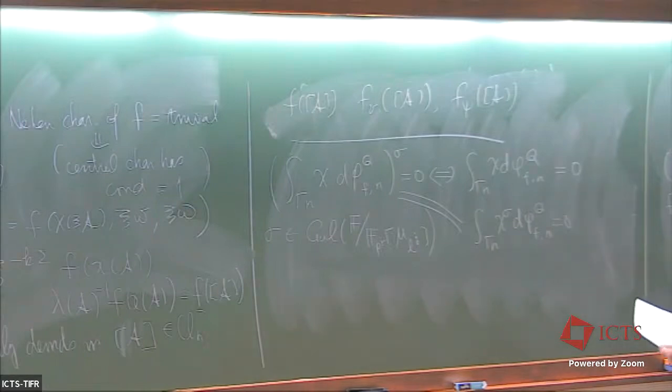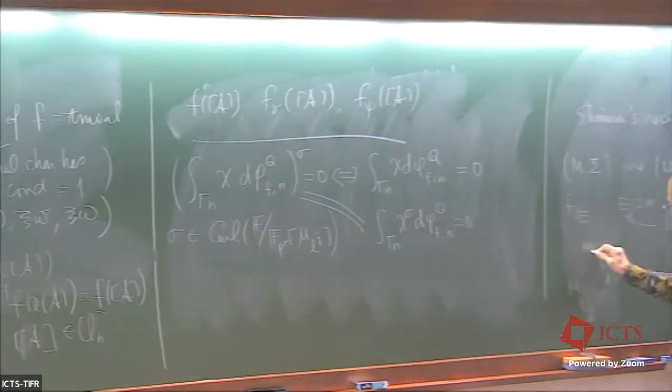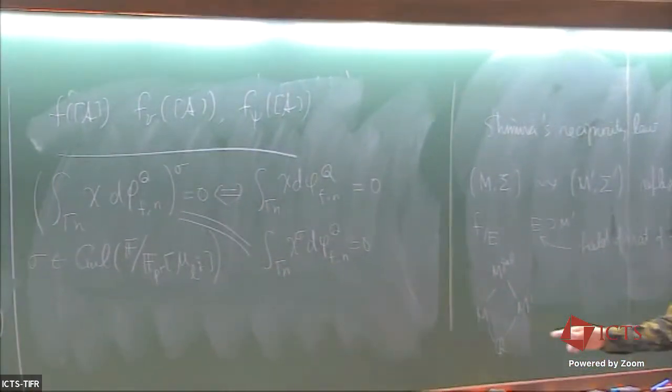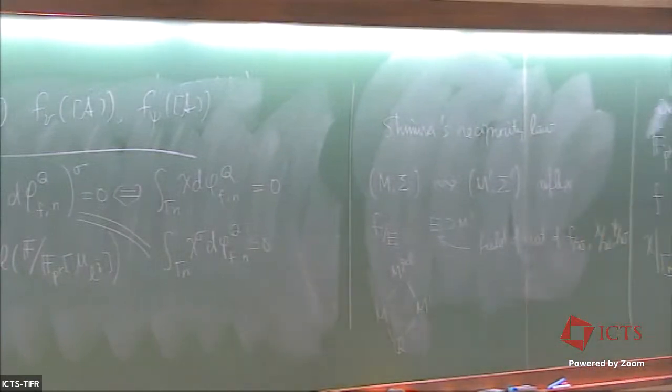Okay, so the point here is that I have M and Q and M prime, and both are contained in the Galois closure of M, by definition.